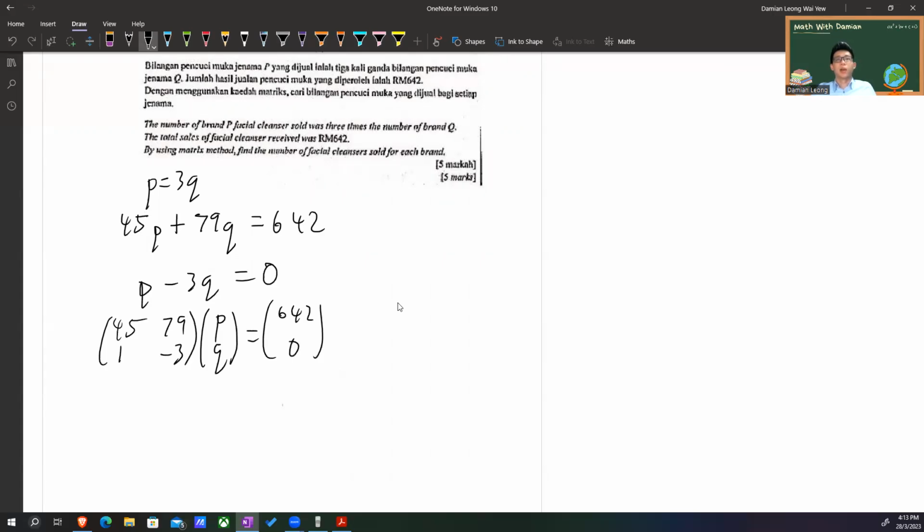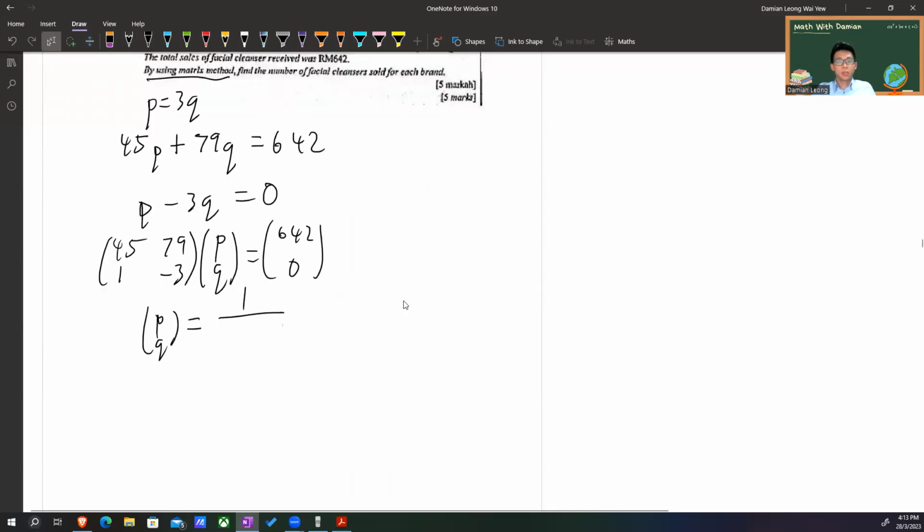Yeah. So I have to use matrix because they say by using matrix method. So to find PQ, times by the inverse of this. So 1 over AD minus BC, 45 times negative 3 minus 79 times 1. Yeah. Switch A and D. Negative 3, 45. Negative to B and C, negative 79, 1 equals 642, 0.